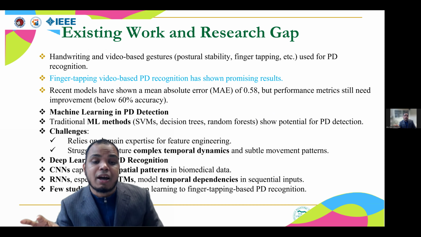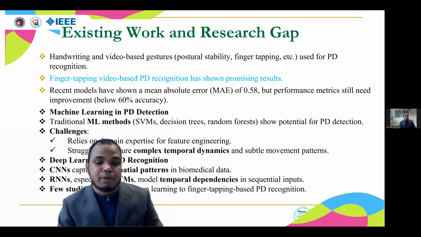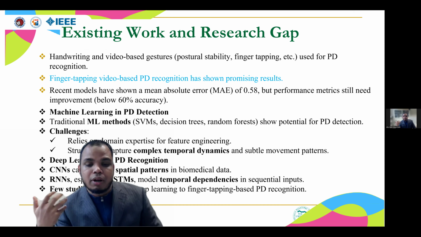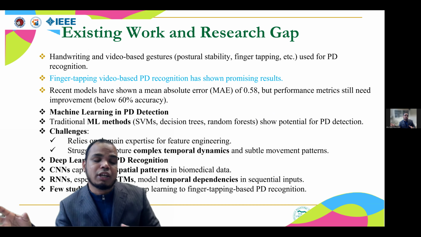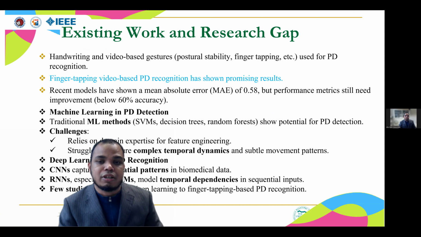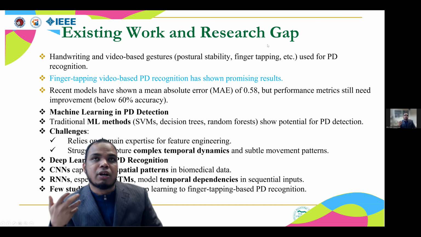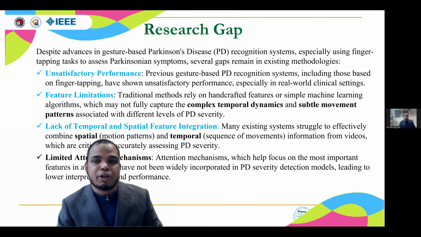Many researchers applied machine learning techniques with handcrafted features, and a few applied deep learning features. We did not find anyone who combined handcrafted features with deep learning. So we are focusing on this point to capture spatial and temporal information.